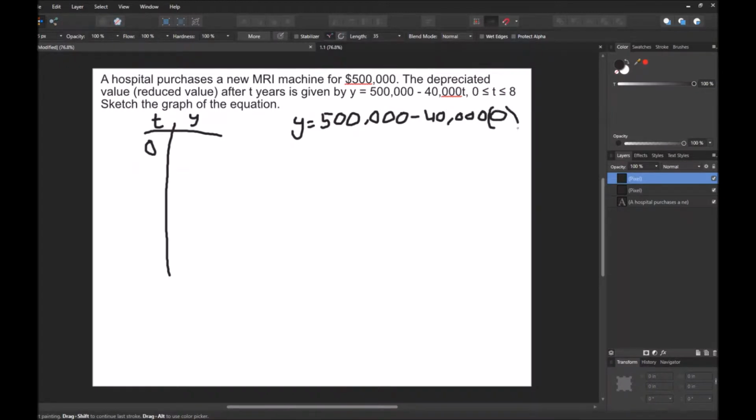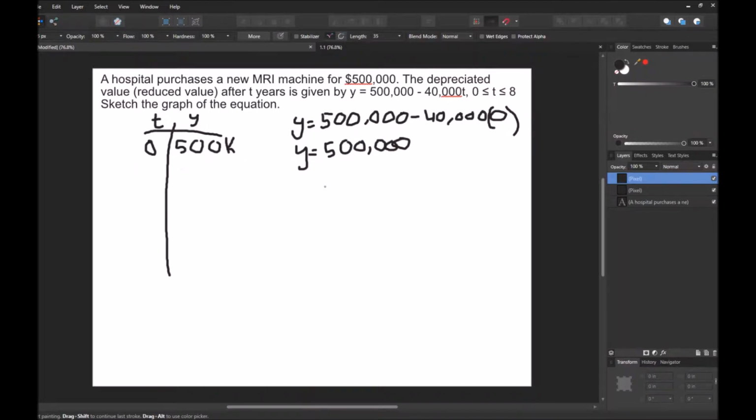Well, 40,000 times 0 is just 0, and we're left with y equals 500,000. So right here we have just 500,000. I'm just going to write this as 500k to simplify the writing process.